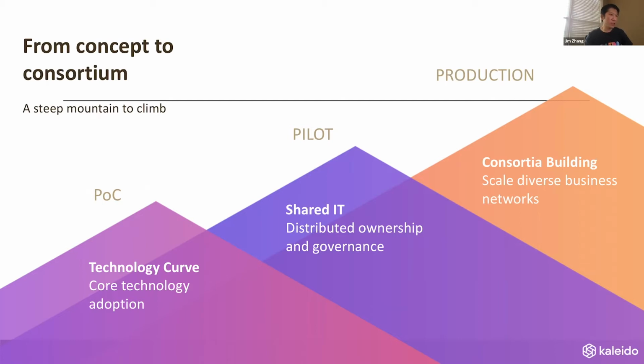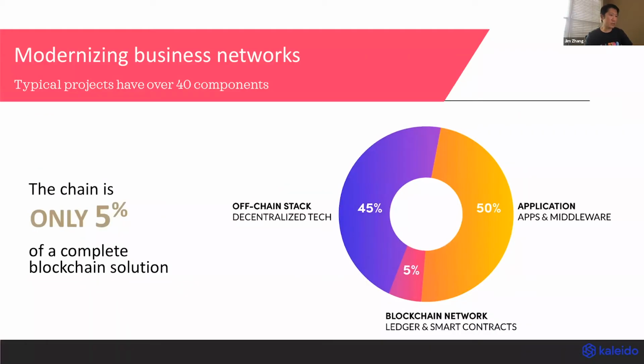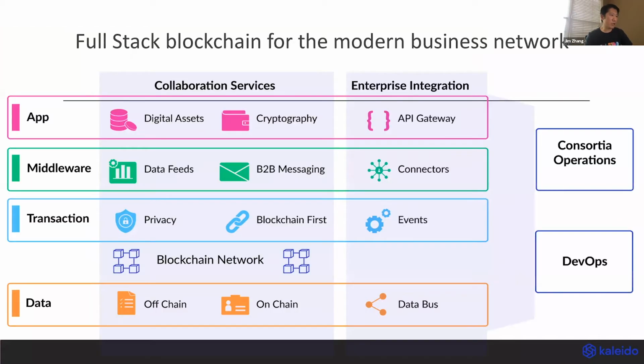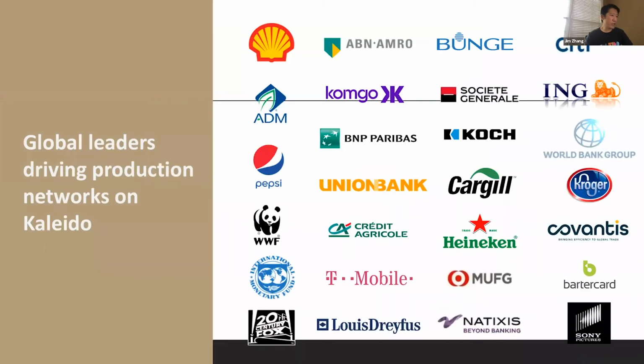And finally, on the same platform, they can quickly go into production. And we certainly have many customers that have been in production on Kaleido for many years. You can see on this slide many familiar logos that have been building and running their new decentralized IT systems on Kaleido.